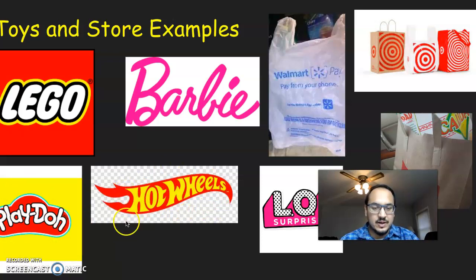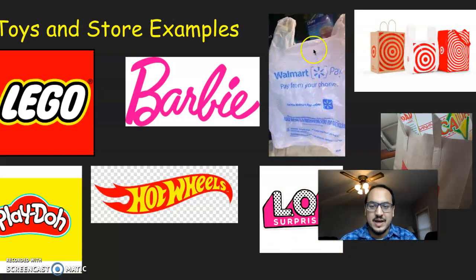How about this one? That's Hot Wheels. We can play with Hot Wheels cars, and you might see that logo when you buy a new car. And this one would be LOL. Those are a type of doll, LOL surprise dolls. When you go shopping, you might get bags from a certain store.